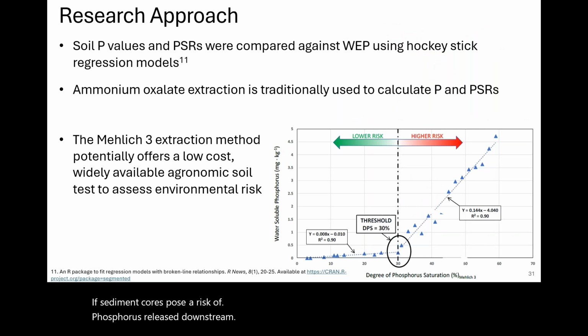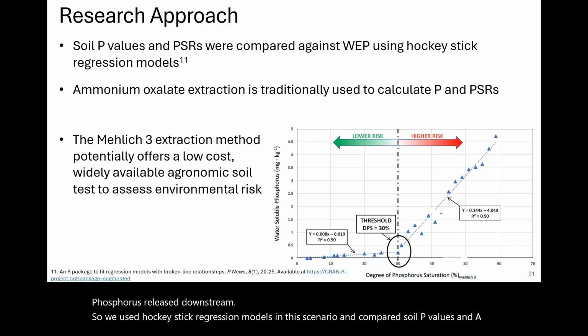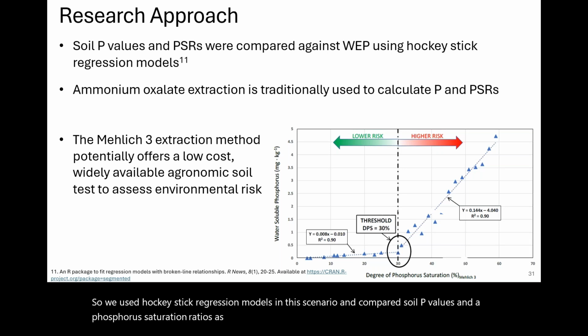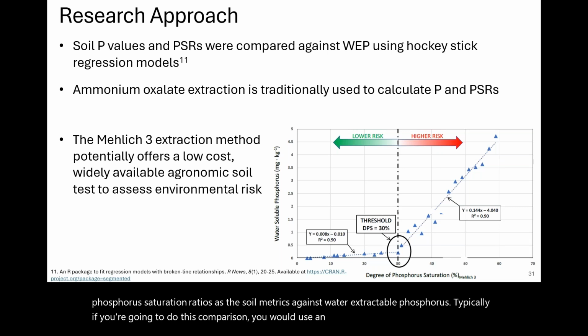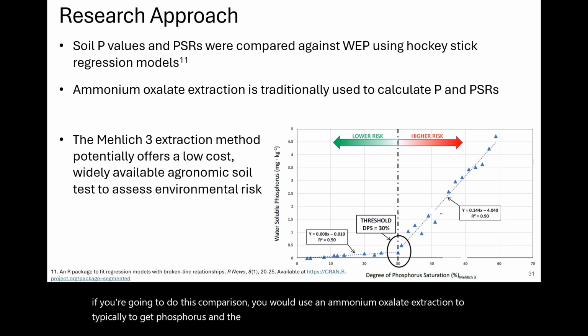So we used hockey stick regression models in this scenario and compared soil p-values and phosphorus saturation ratios as the soil metrics against water extractable phosphorus. Typically, if you're going to do this comparison, you would use an ammonium oxalate extraction to get phosphorus and the phosphorus saturation ratio.